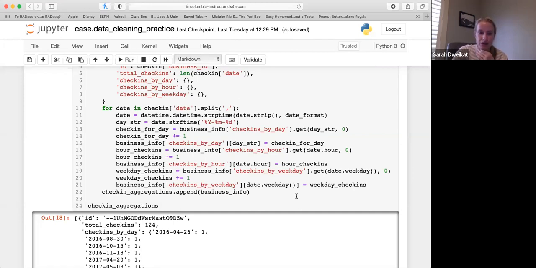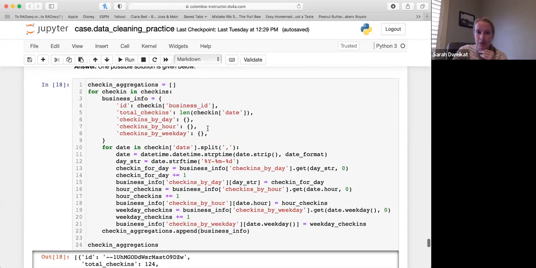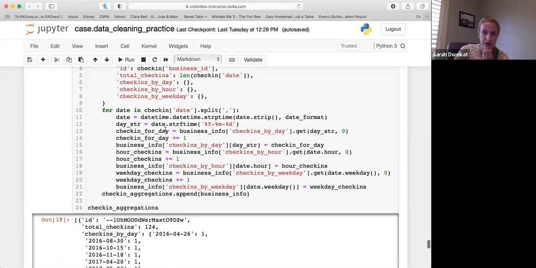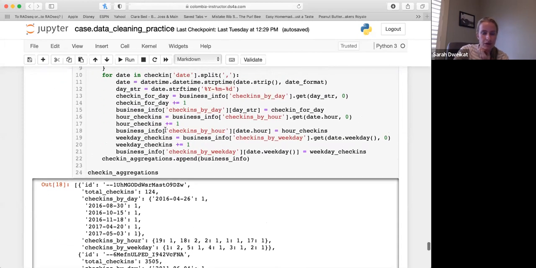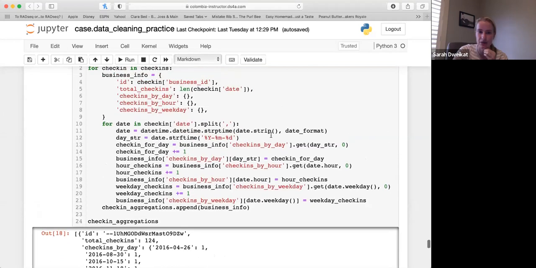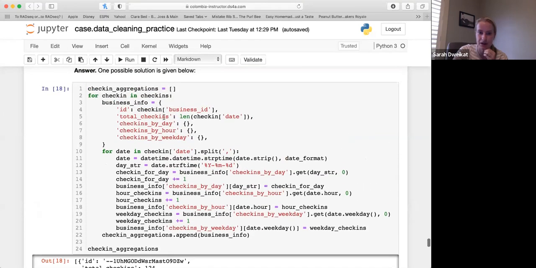And then the last thing that we do is we add our weekdays. So this is all pretty much the same code, just repeated, depending on if we wanted check-ins by hour or check-ins by weekday. And we are basically adding to our business info up here. That's why we use this append function. All of this gets added back into our dictionary that we appended up here.